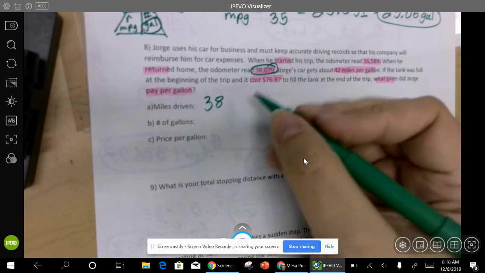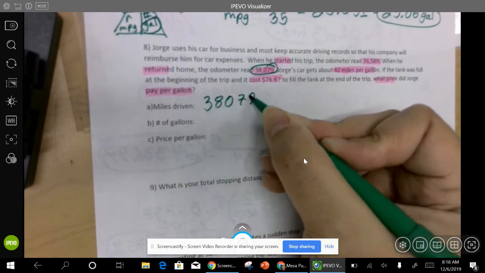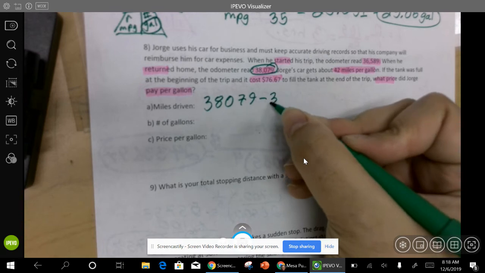The odometer reading, remember, is on your car. It keeps track of the number of miles that the car has driven.